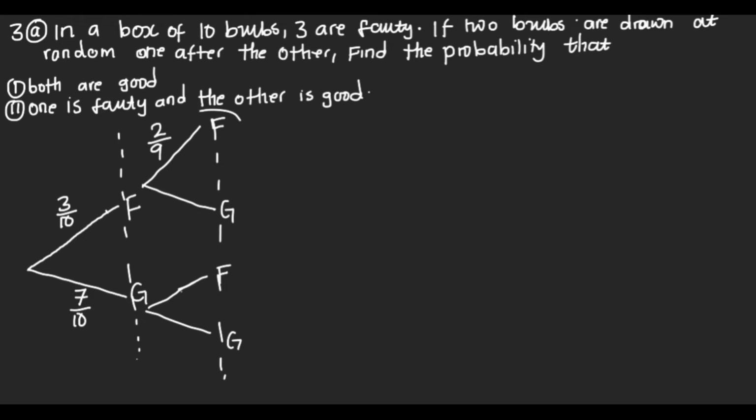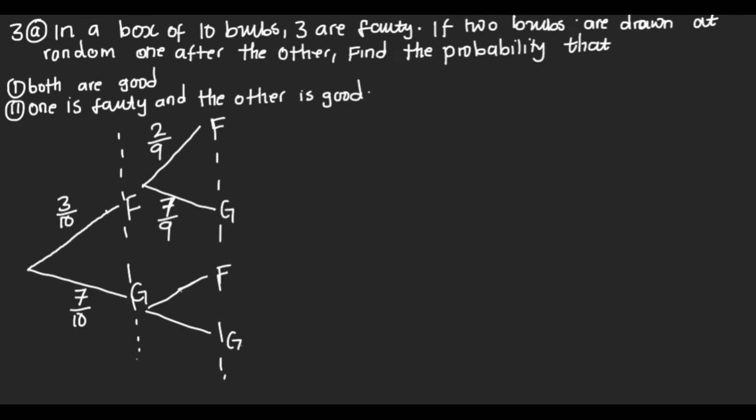Now in this branch, we assumed that faulty was the one picked. If faulty was the one picked, then the good ones will still have the same 7 over the total 9 here. So the same total here must be equal to this. That is the pattern.